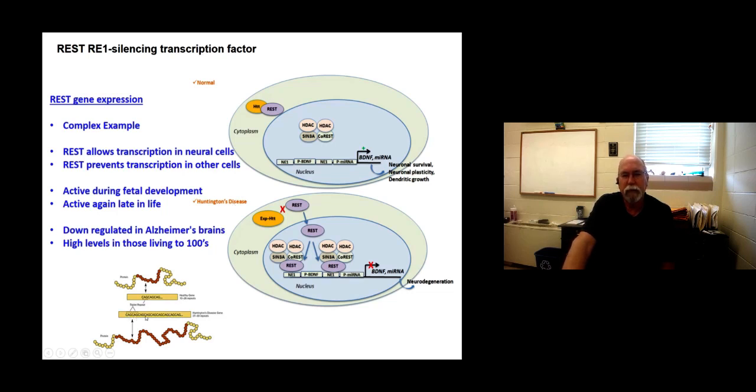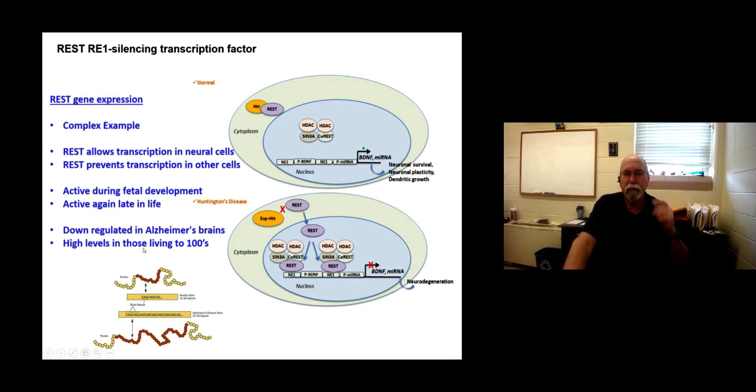There's a tandem repeat. Remember those little repeats that we talked about and how they can grow and shrink? Well, in one form of the early onset Huntington's, there's a large set of this repeat in the middle of the actual gene itself, which means that you get a lot of amino acids put down in the polypeptide that you don't need. Okay, and it makes the protein misfold. Misfolded proteins don't work, and you end up with a problem.